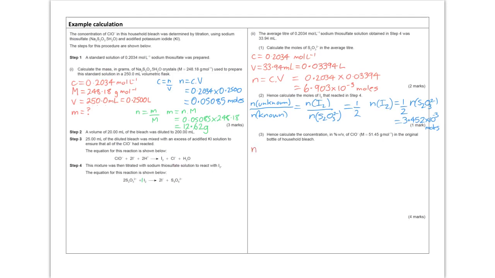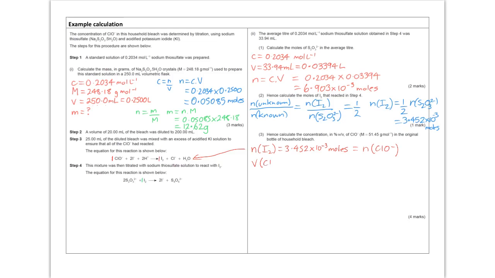So we know the number of moles of iodine is equal to 3.452 times 10 to the minus 3 moles, and from this equation here, for every 1 mole of iodine there would have been 1 mole of ClO minus. So they're equal.